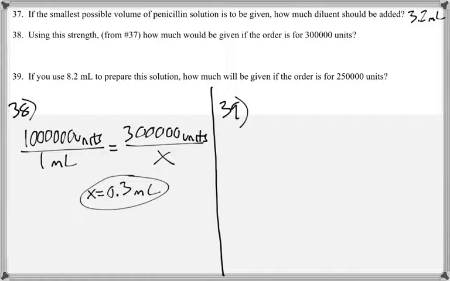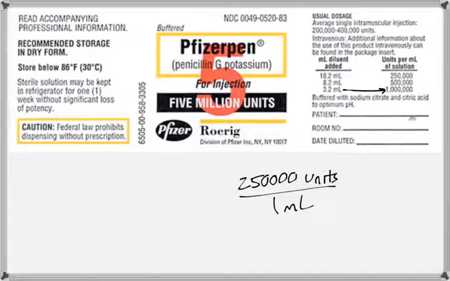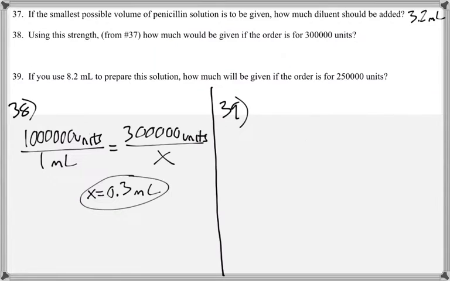On question 39 it says, if you use 8.2 mLs to prepare this solution, how much will be given if the order is for 250,000? So 8.2 corresponds to the 500,000. Again, I do not want to use the 8.2 in the proportion itself.